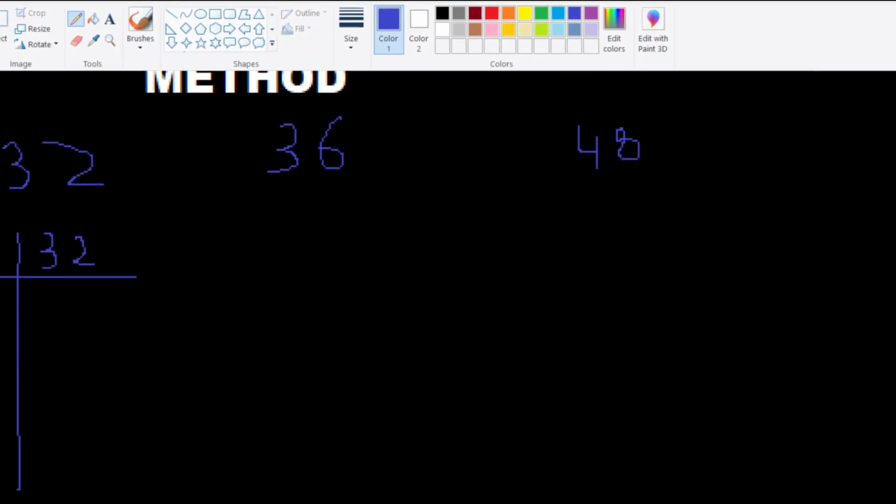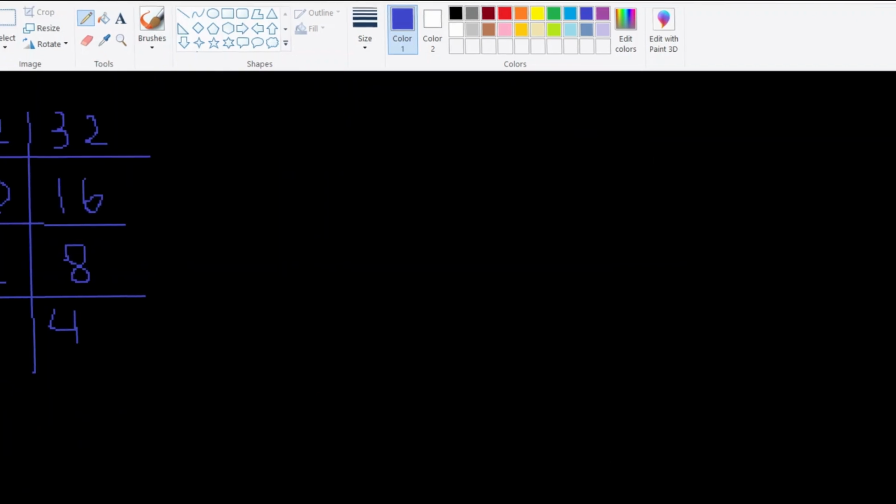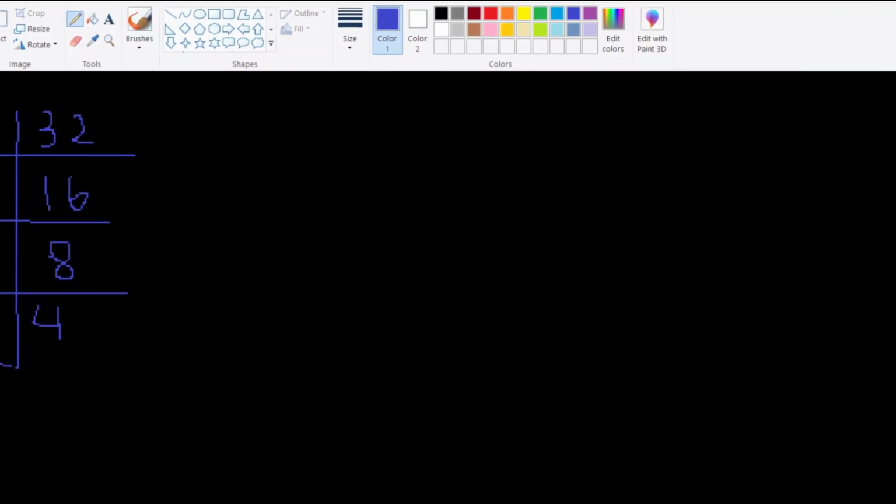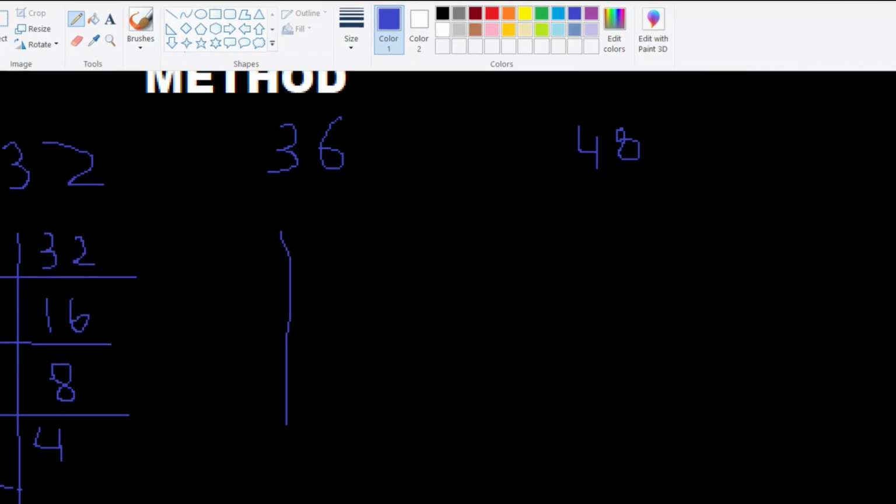32 is divisible by 2, gives us 16, which is divisible by 2, gives us 8, divisible by 2, gives us 4, divisible by 2, gives us 2, and here we end. Next is 36.